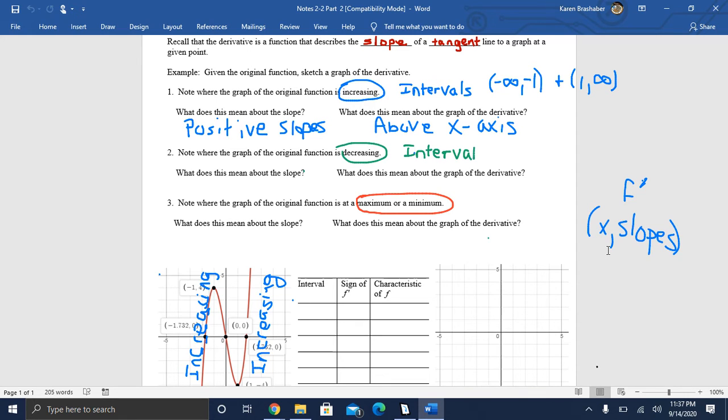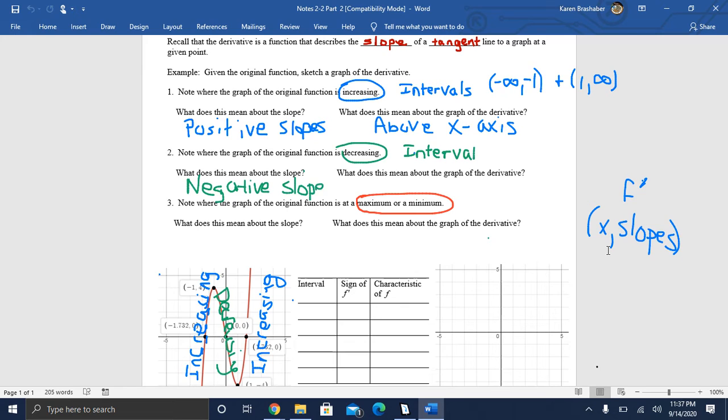So if we look at that, the graph is decreasing in this section right here. And so I think you can probably surmise that the tangent lines along a decreasing section of the graph would have negative slopes.